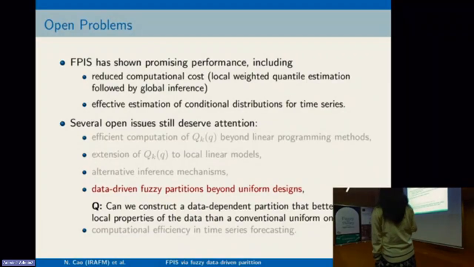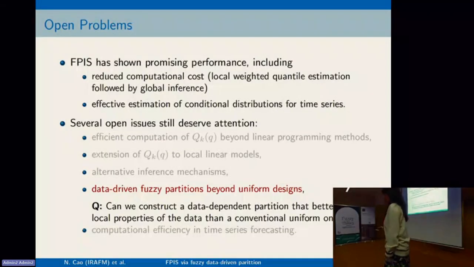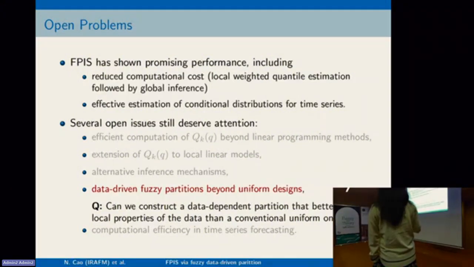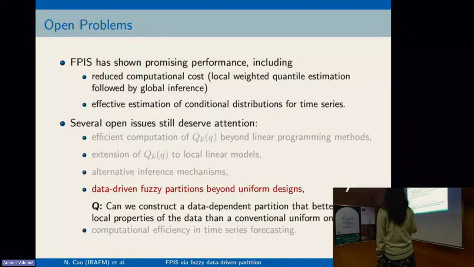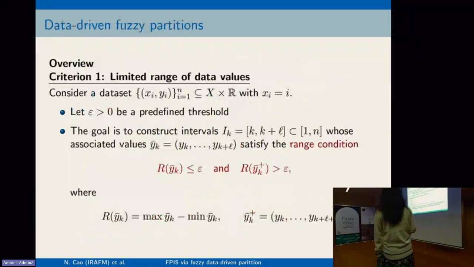But the question is whether we can construct some fuzzy partition that can carry some properties of the data, some structure hidden in the data. Is there any kind of construction that reflects the local properties better than the uniform one?